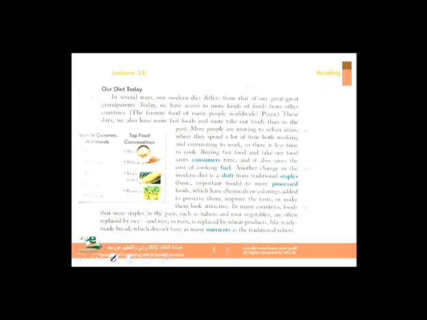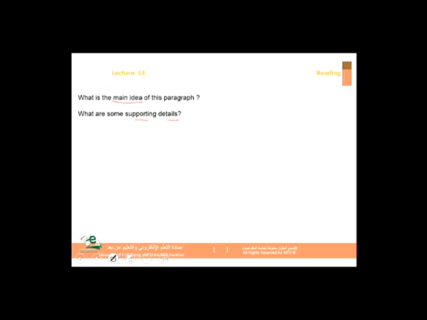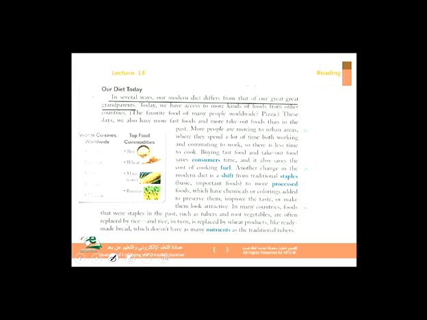These are supporting details. This is the general sentence, and the rest of the sentences support that sentence. So, that sentence is the main idea. Now, answer for yourself and then play the video again. And the answer is? It's the first one, the first sentence.